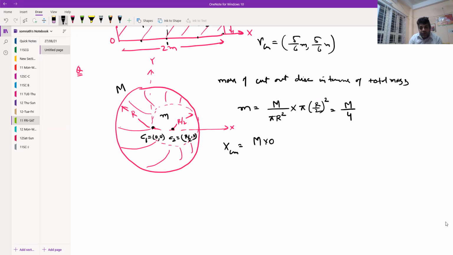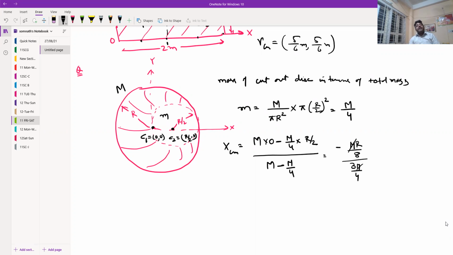So we write minus M by 4, and the position is R by 2, over the total mass, minus because we are removing, M by 4. So we have minus MR by 8 over 3M by 4, and you can see this cancels.